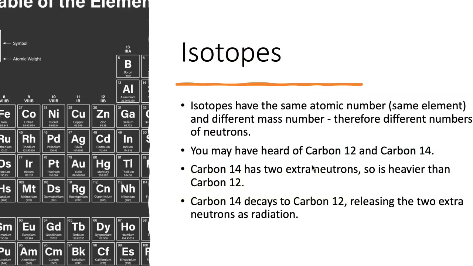So you may have heard of carbon-12 and carbon-14. We use the decay from carbon-14 to carbon-12 to try and age things. So carbon-14 is carbon. It's got 2 extra neutrons. So it's heavier than carbon-12. So carbon-14 will actually decay and release those 2 extra neutrons as radiation and become carbon-12, because carbon-12 is more stable.